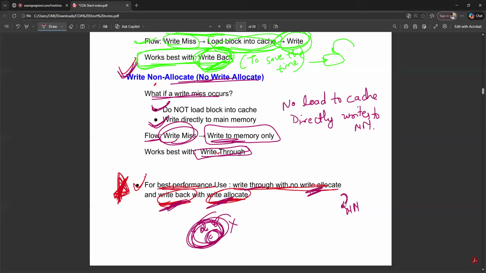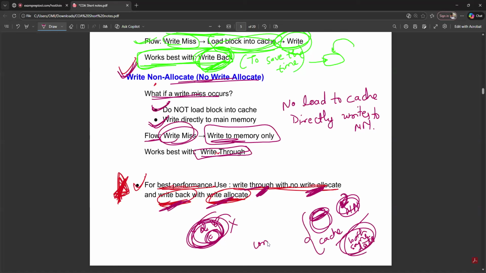But to make it consistent with the cache, we are using write through, so that cache and main memory both contain the same data.